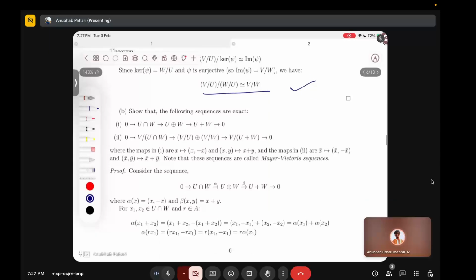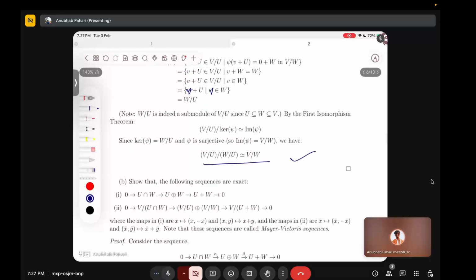That is, the image of the first map is equal to the kernel of the next map. Are you familiar with exact sequences? Then I can explain, or else I will start proving this. You can just write me down or something. No, I'm not familiar with that.